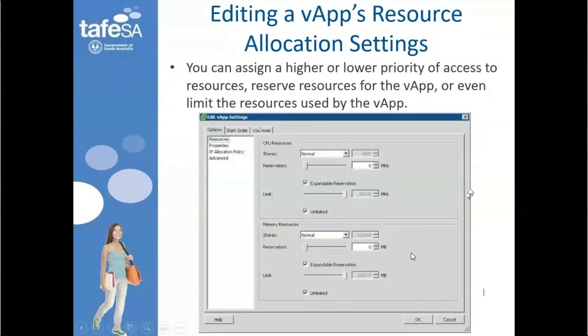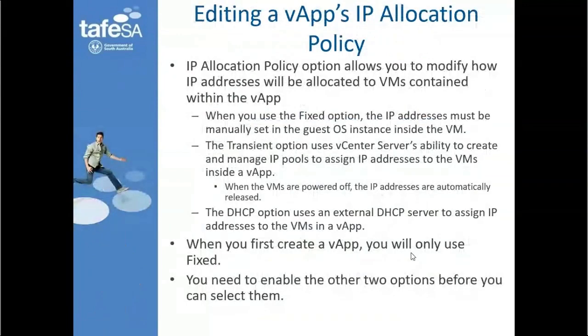There's also the IP allocation policy, which allows you to modify the IP addressing allocated to VMs contained in the vApp. When you use the fixed option, the IP addresses must be manually set in the guest operating system. The transient option uses the vCenter ability to create a managed pool of IP addresses, and when the VMs are powered off, the IP addresses are automatically released. And then finally, the DHCP option uses an external DHCP server to assign the IP addresses.